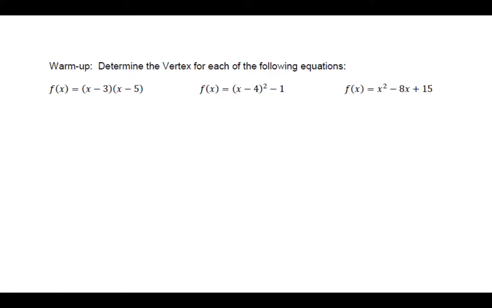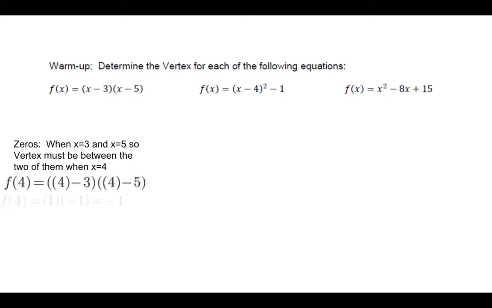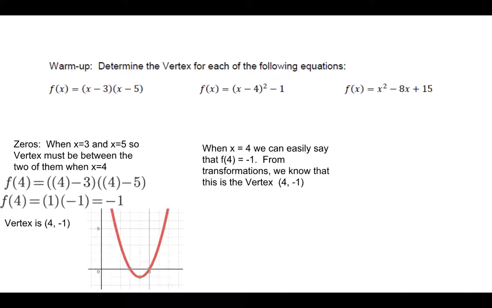So the first question is asking for the vertex, and so you notice that if you have the factored form, you get the zeros, and if you have the zeros, you can get the vertex. It's between 3 and 4, or 3 and 5. So the vertex is at the axis of symmetry when x is 4. When x is 4, y equals -1. In the second one, just realize we are in vertex form, so the vertex is actually 4, -1.